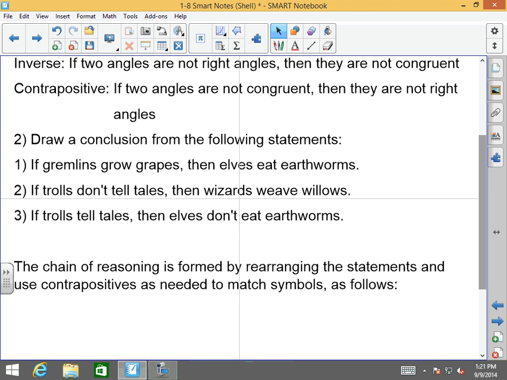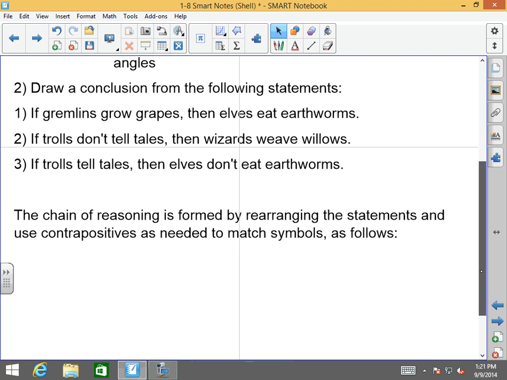If trolls don't tell tales, then wizards weave willows. If trolls tell tales, then elves don't eat earthworms. The chain of reasoning is formed by rearranging statements and using contrapositives as needed to match symbols as follows.